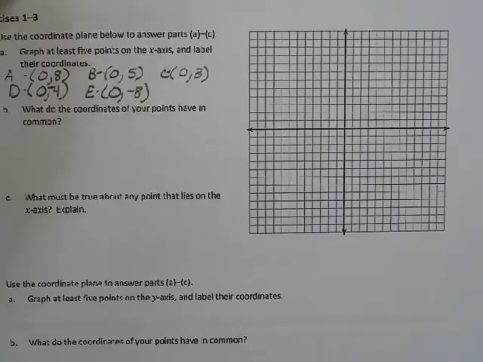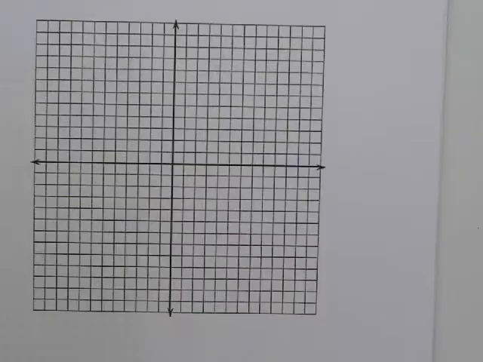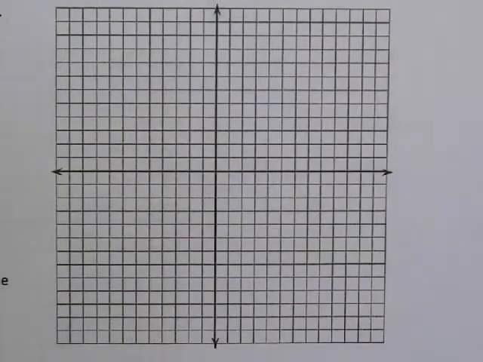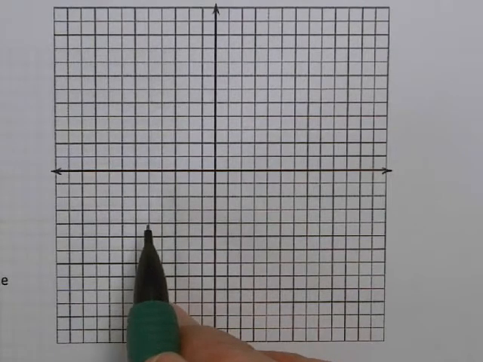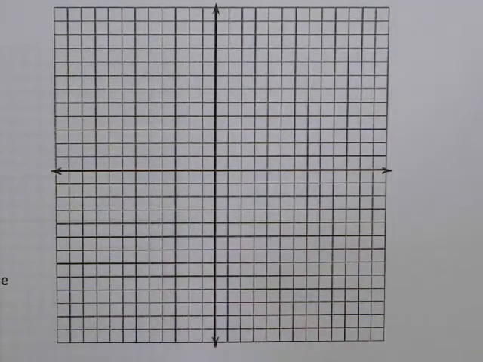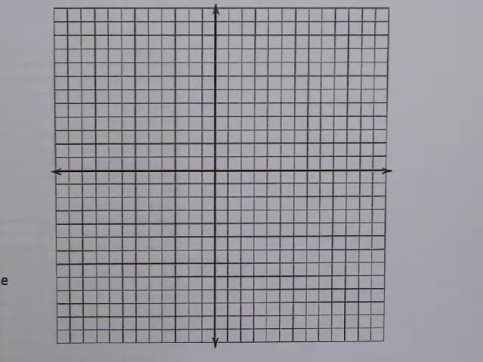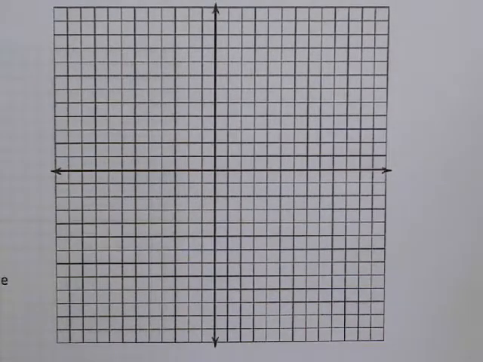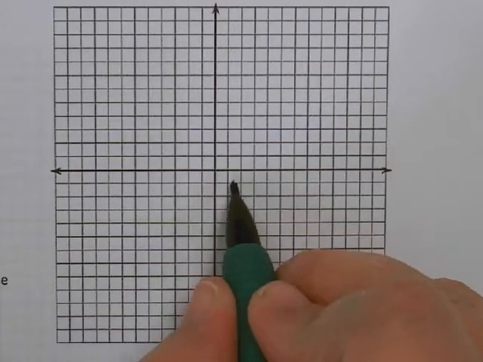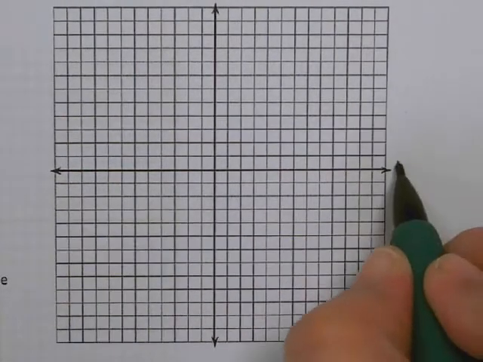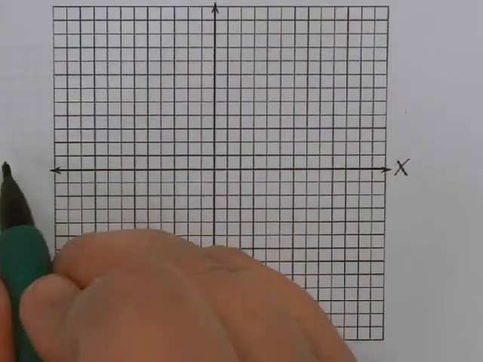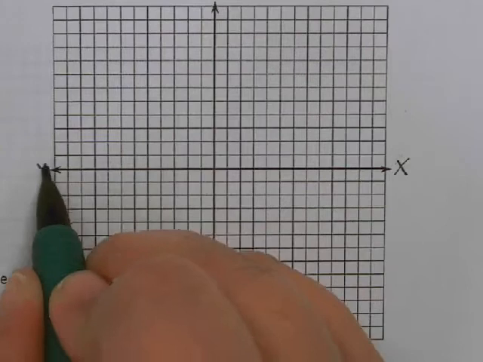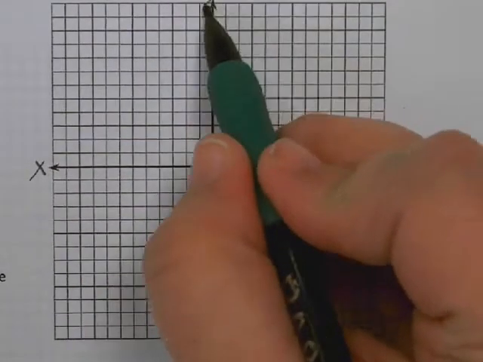But I'm going to zoom in real quick on this coordinate plane because I want to show you how to number this, because we are tempted to number in the spaces because it makes it easier to read. But the problem with that is then your locations would be off. So we're going to start with the positive numbers on the x-axis. Remember, this is x. And the up-down is y.